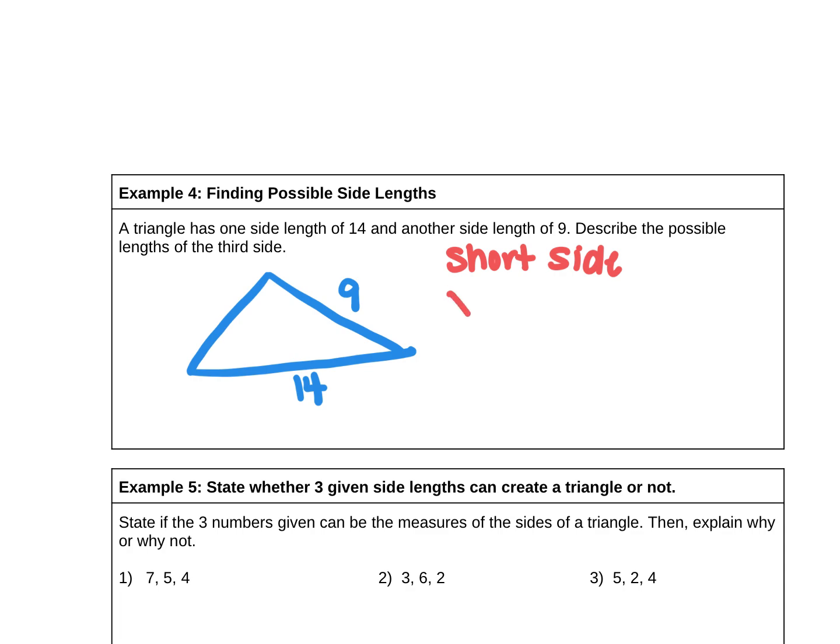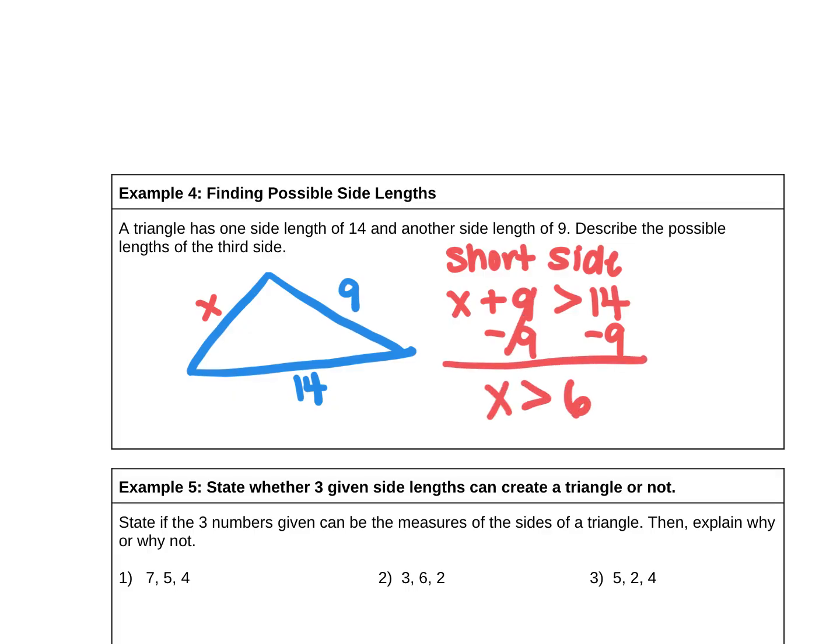We would say x plus that 9 is going to have to be greater than 14. If we subtract 9, we find out that x would have to be greater than 5 in order for this triangle to work. So far that's one of the qualifications.